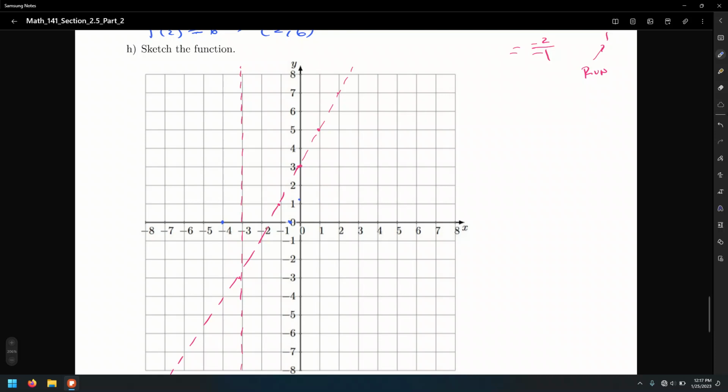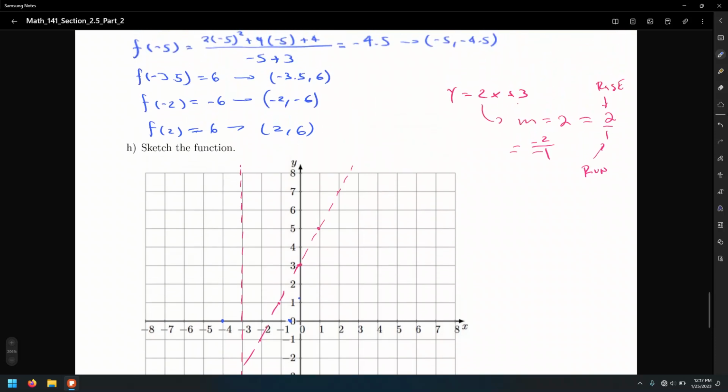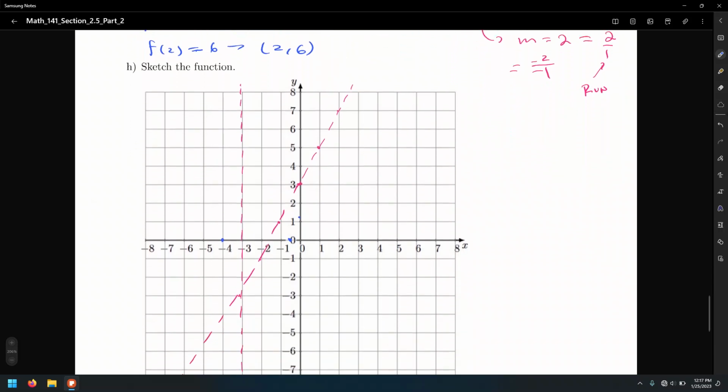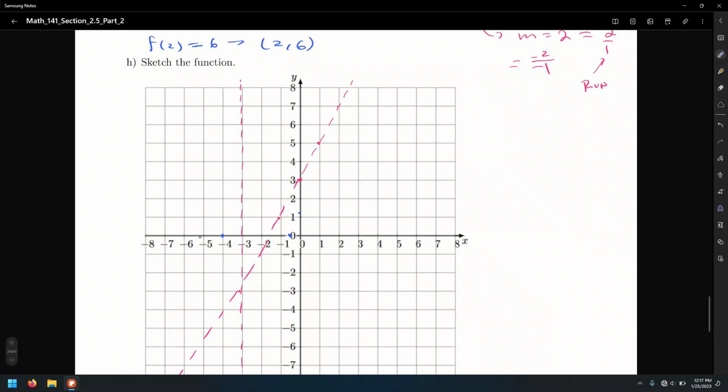And the rest of the information, well, about the symmetry, just look at the asymptotes. That's not going to give us any kind of symmetry, which we already found out analytically using the required process. So all we do now is plot the additional points that we got in the previous step. -5, -4.5, so that's -5, -4.5, roughly here.